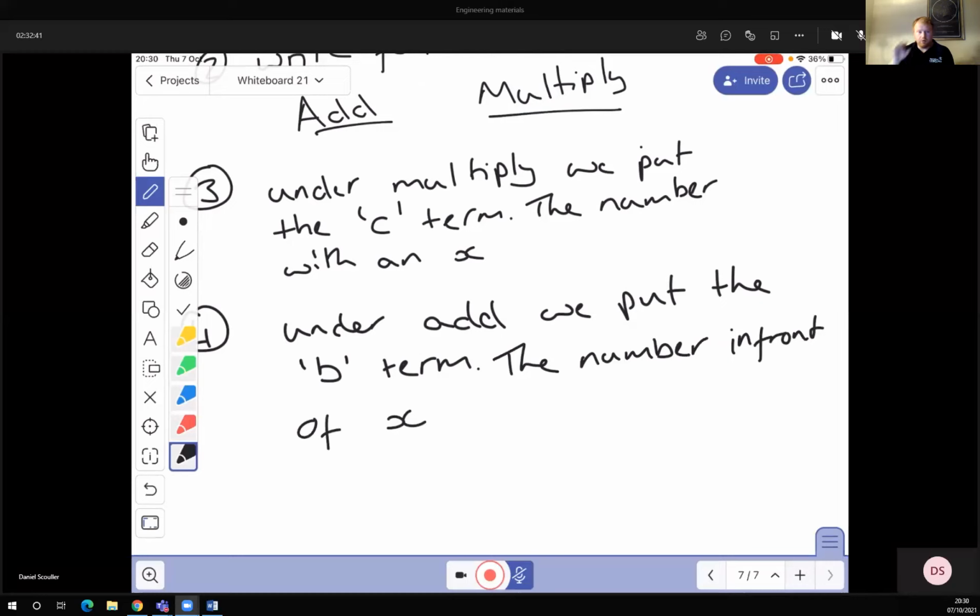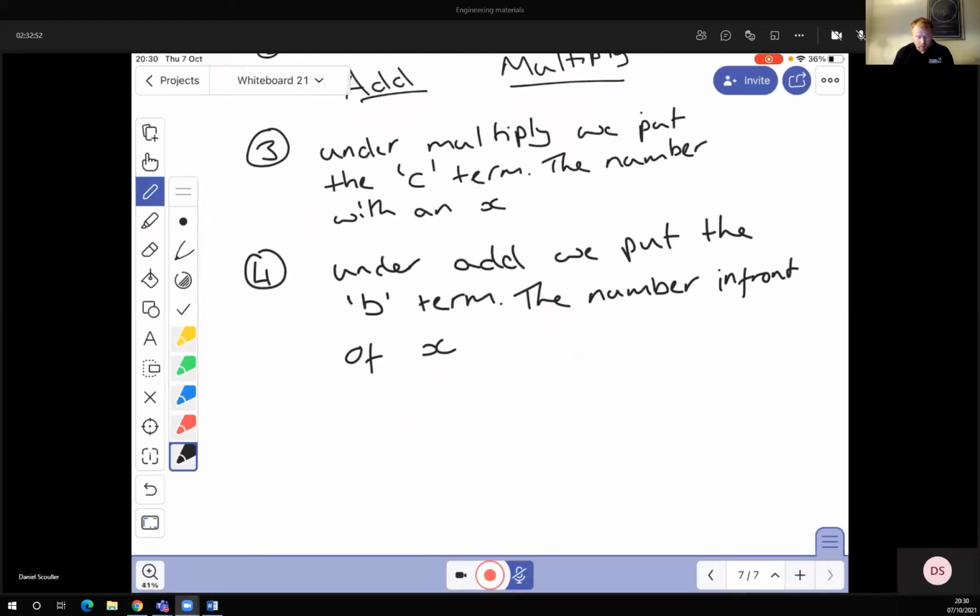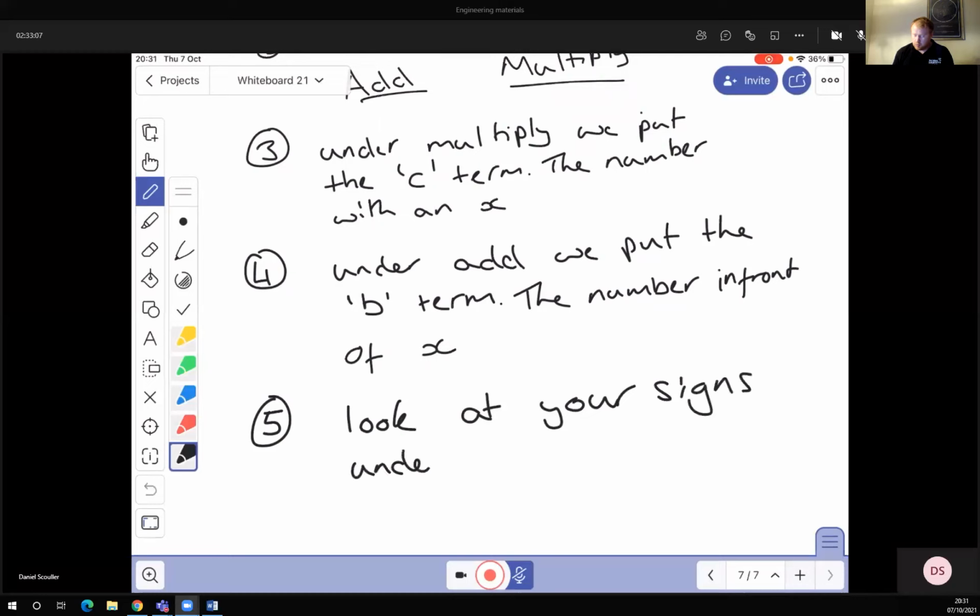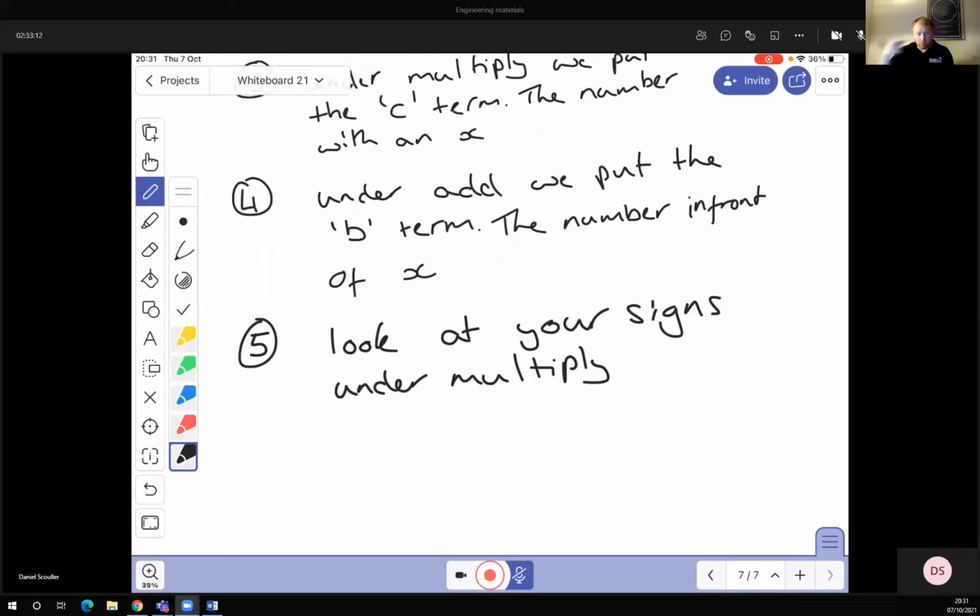Remember trinomials always have those three terms: x squared, x, and a single number. Always look at the signs needed under your multiply. Just as I was doing when I was going through those wee examples, I was writing down positive positive, negative negative.